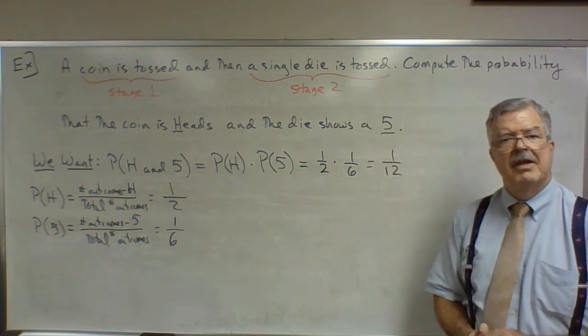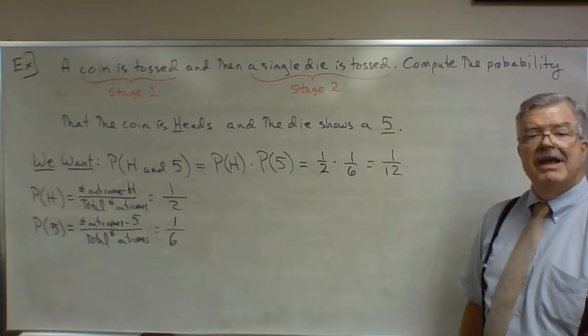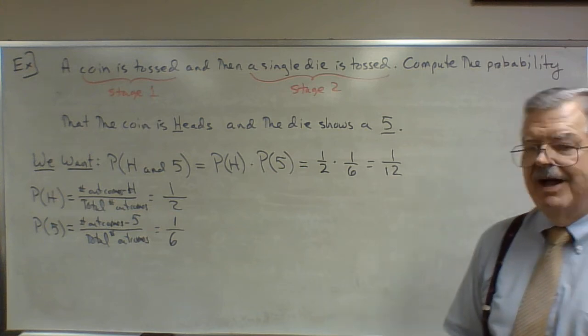That was easy. We toss a coin, we roll a single die, the probability of getting heads and a 5 is 1/12. Let's do another one.